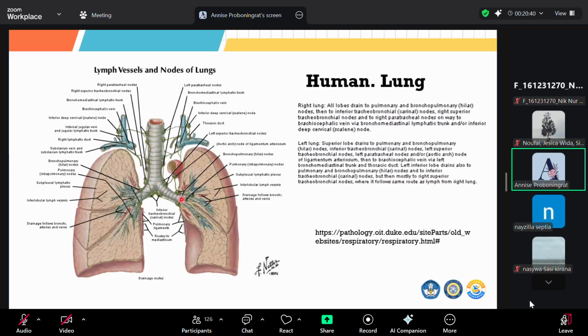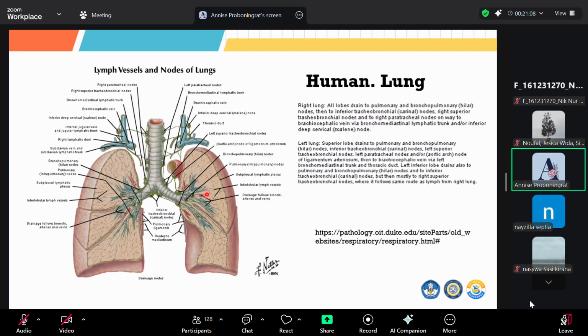And you know that lymphatic vessels and lymphatic nodes have a function in draining fluid, fluid homeostasis in the interstitial tissue.